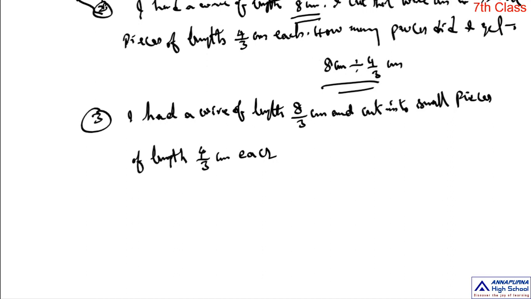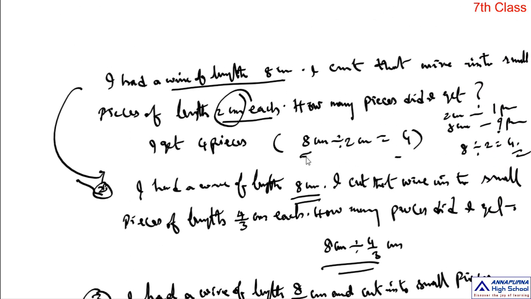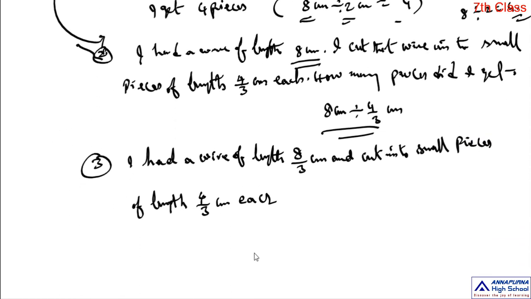But in the previous one, it was whole number divided by whole number. Whole number by whole number, we know that, but in the second problem, whole number is divided by a fractional number. And in the third problem, to get the number of pieces, we should divide 8 by 3 by 4 by 3.